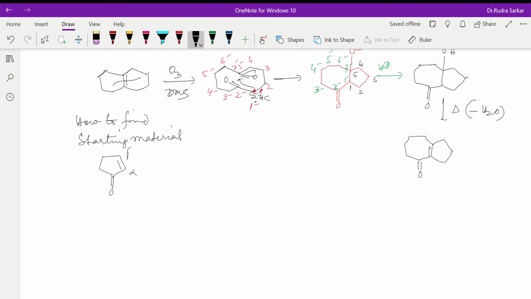This is alpha beta unsaturated ketone. Yes. Disconnect it, and what I have taught you, alpha carbon will be having minus minus, beta carbon will be having plus plus. That means your answer will be, this will be adding O2 minus, this will be adding H plus.